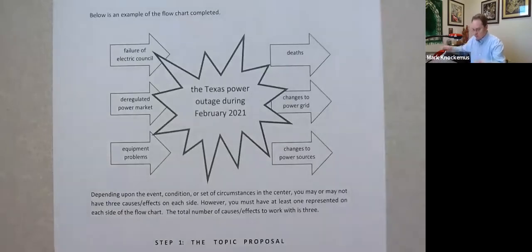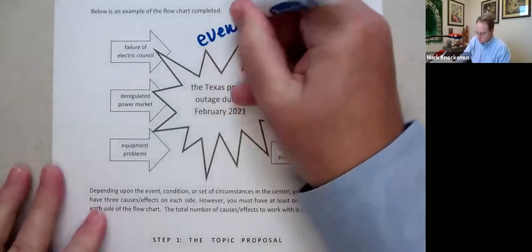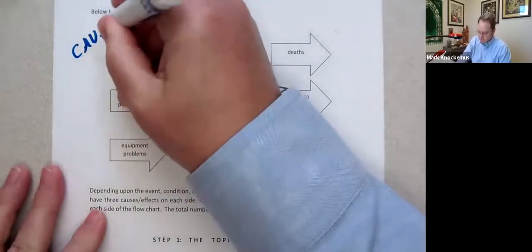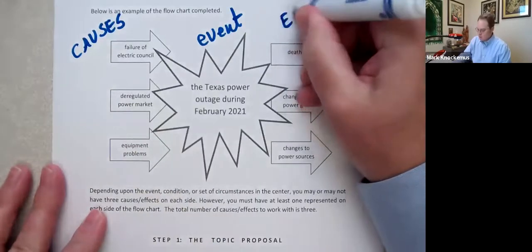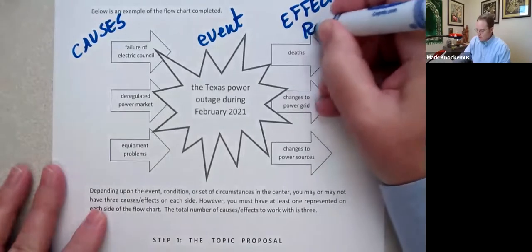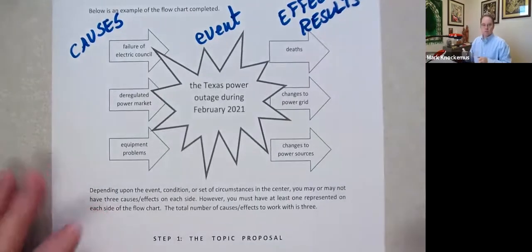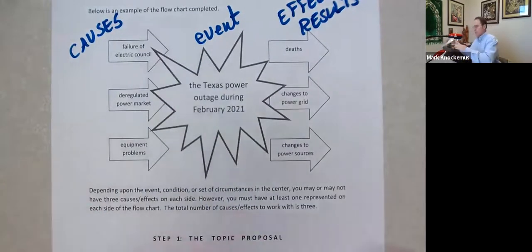So here's my event. And again, to the left, causes. And then over here, again, these are the effects or the results. So you'll notice here from this flow chart, there's 3 on each side.